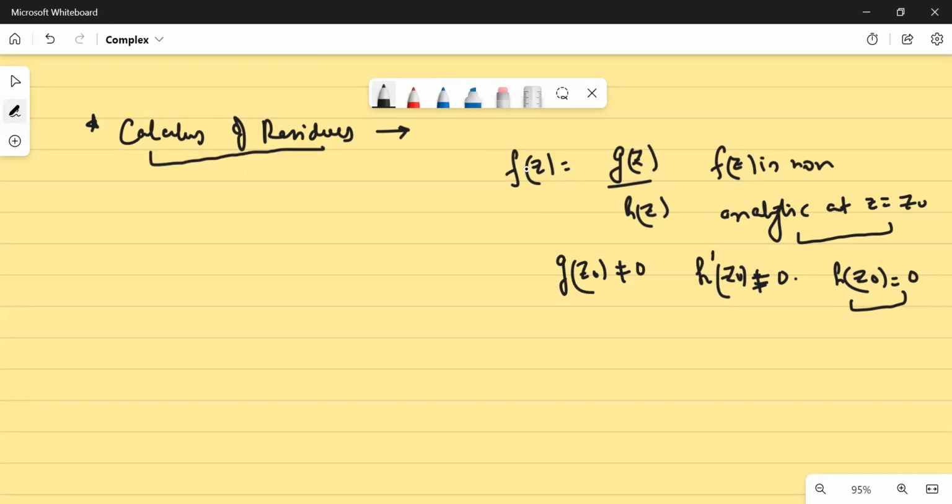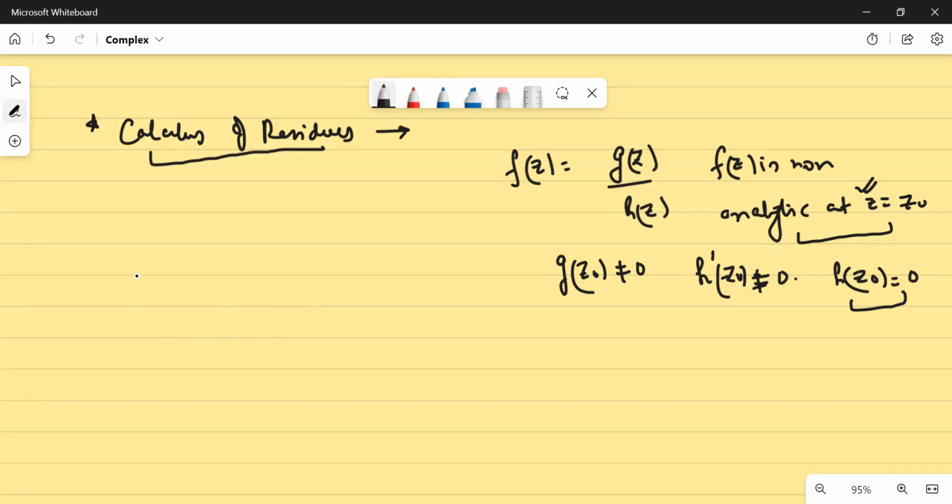So I would say that if your function f(z) has a simple pole at z equal to z naught, and f(z) can be expressed as g(z) upon h(z), where your function can be expressed as a quotient of two analytic functions, then it is a simple pole.